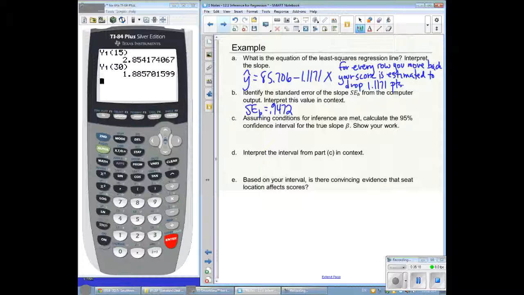Does anybody need me to write that out? So we can expect the rate of change in the decrease in score by row to vary 0.9472 points in repeated sampling.